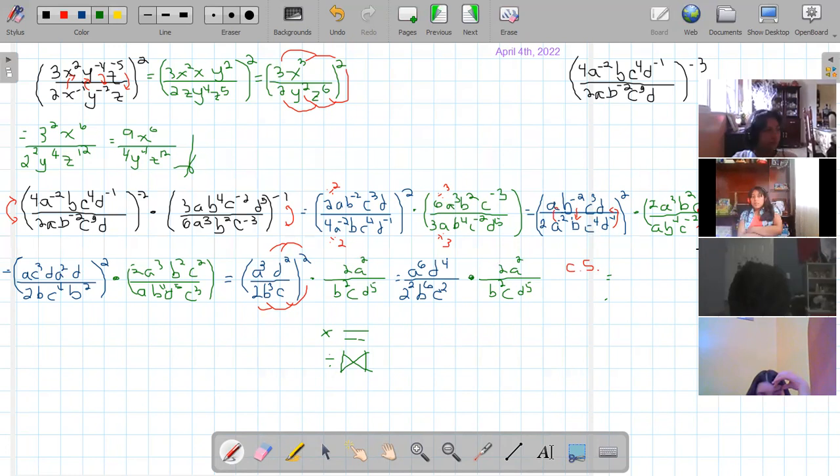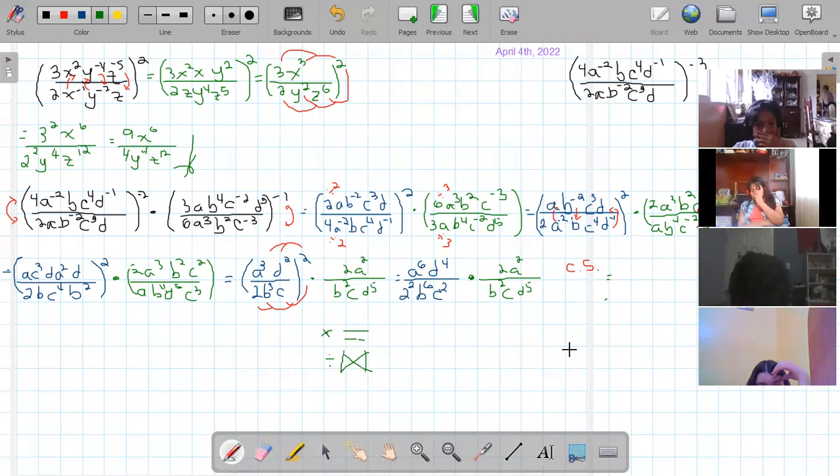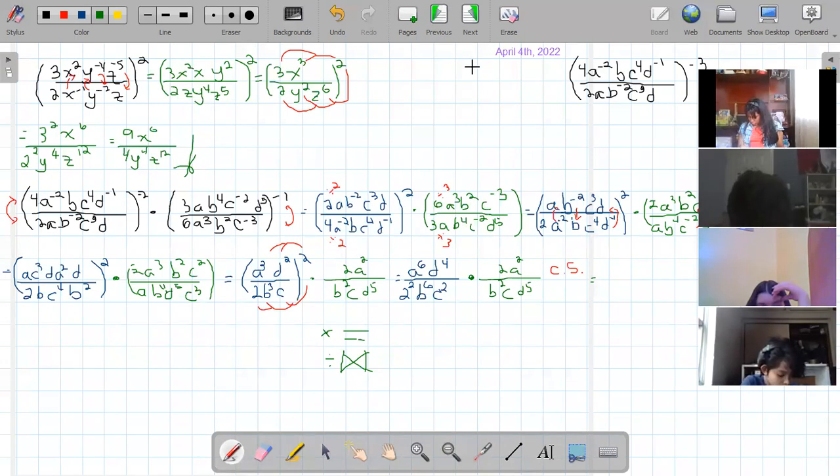And if I divide same bases, what do I do with the exponents? I subtract. Remember, when I'm dividing, I subtract the exponents of the same bases, okay?